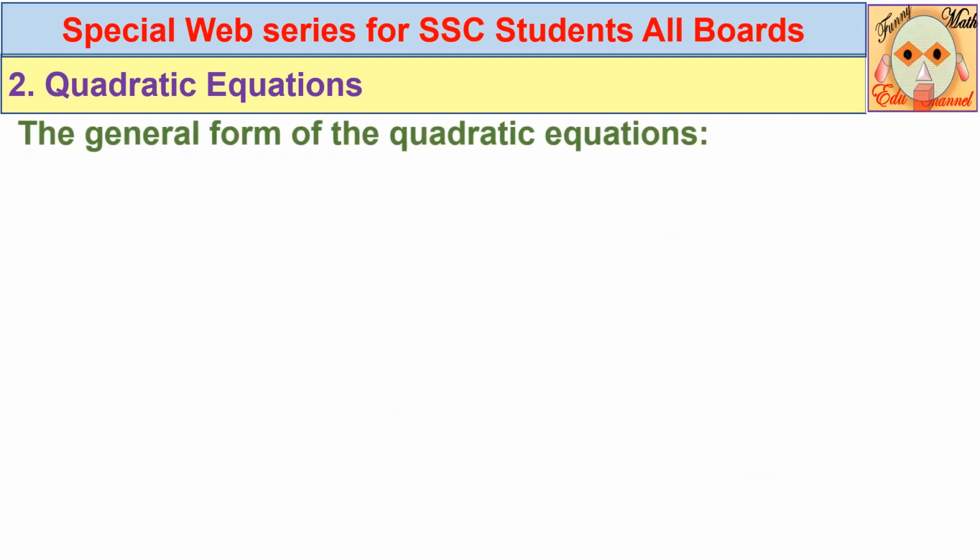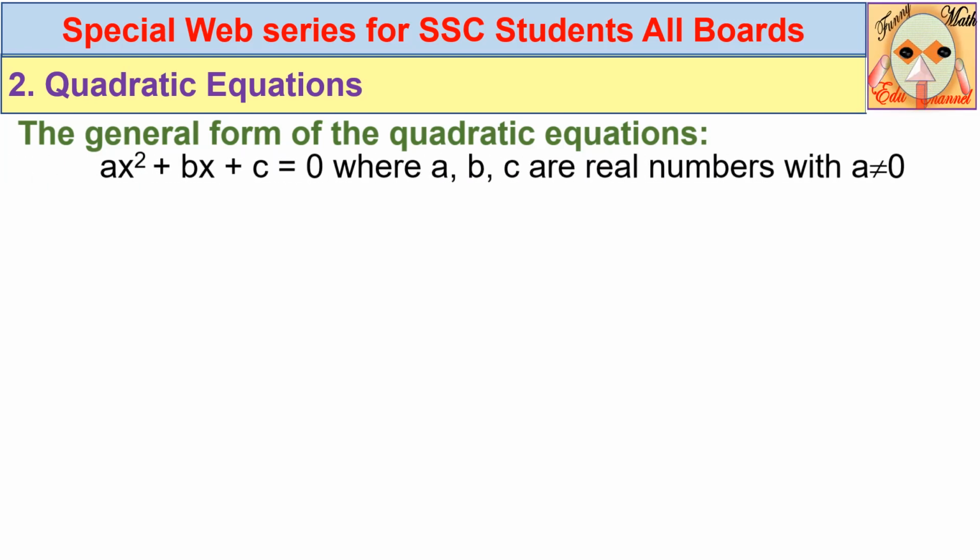First we are going to see what is the general form of the quadratic equations. The general form is ax square plus bx plus c equal to 0, where a, b, c are real numbers with a not equal to 0. Because when you take a equal to 0, then the first term, that is x square, will be cancelled.